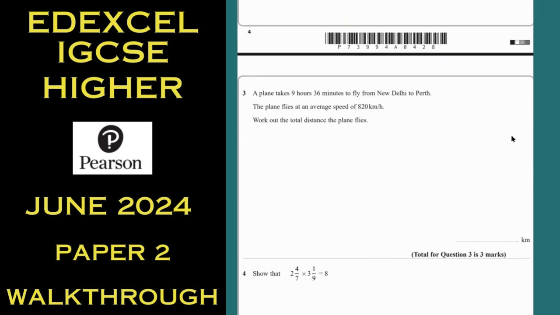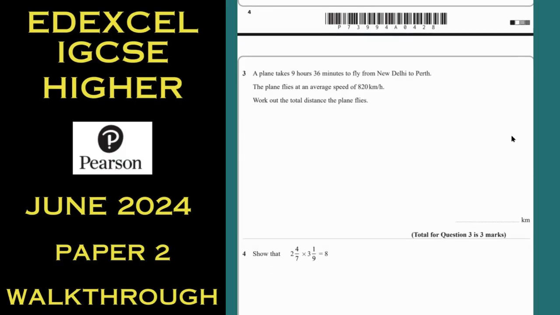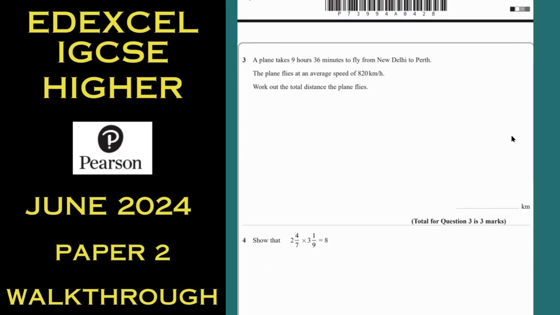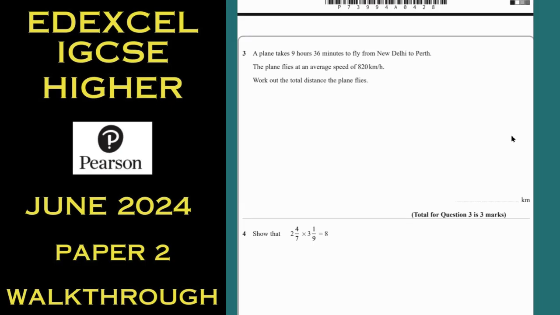On we go. Number 3. Usual kind of speed, distance, time knowledge required. I'd always recommend writing out your DST triangle as soon as you see it. But as usual with these, be careful. Decimal and time are not the same sort of thing. That's not 9.36 hours.